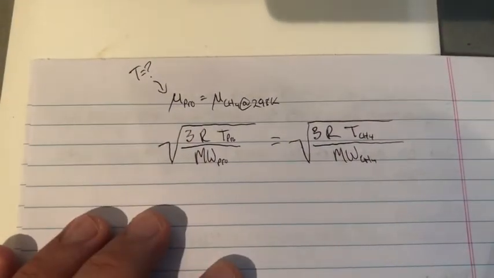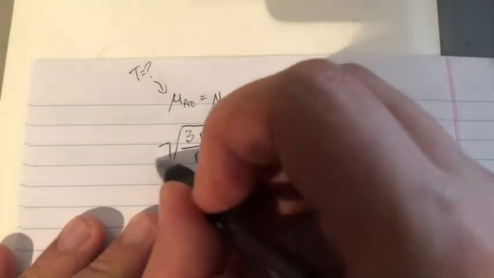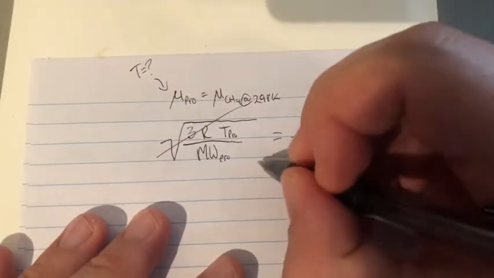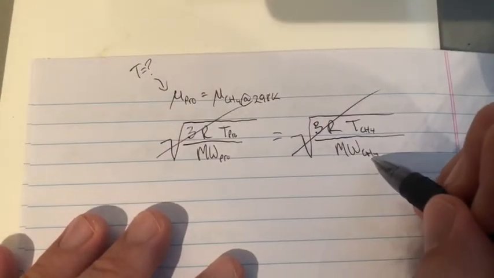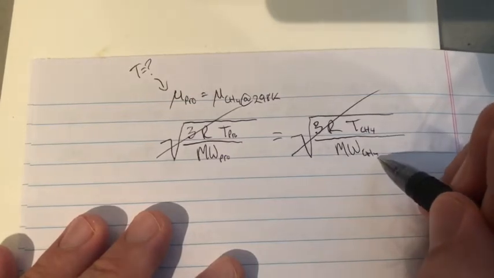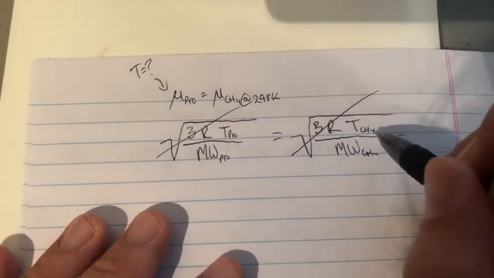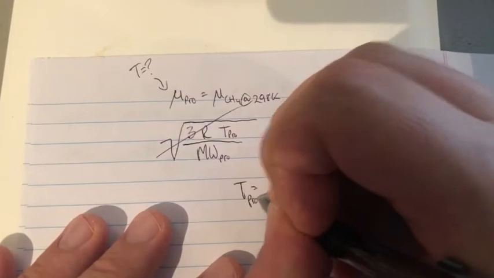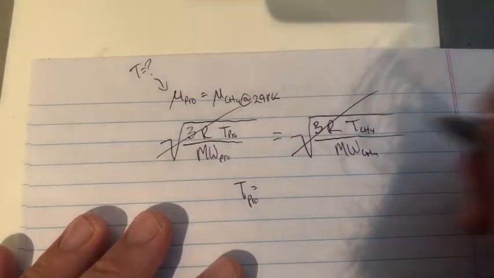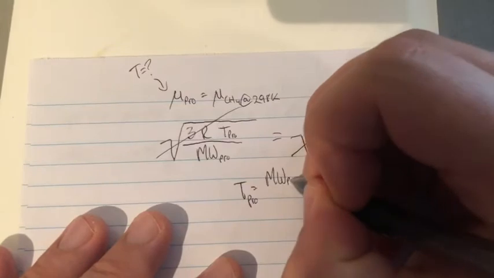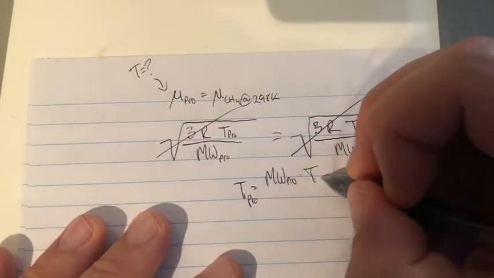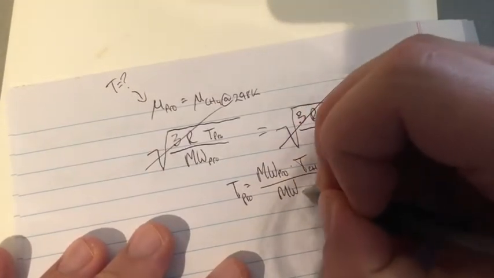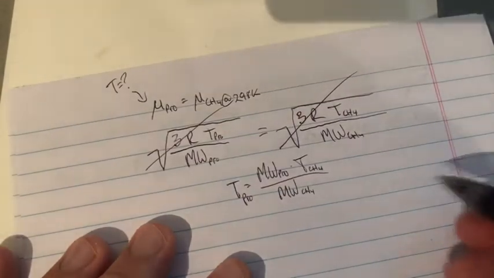Okay. So what all strikes out? Now if we're looking to solve for the temperature of propane, where it's going to be equal to the speed of CH4 at 298, T of propane is going to be equal to the molecular weight of propane times the temperature of CH4 over the molecular weight of CH4.